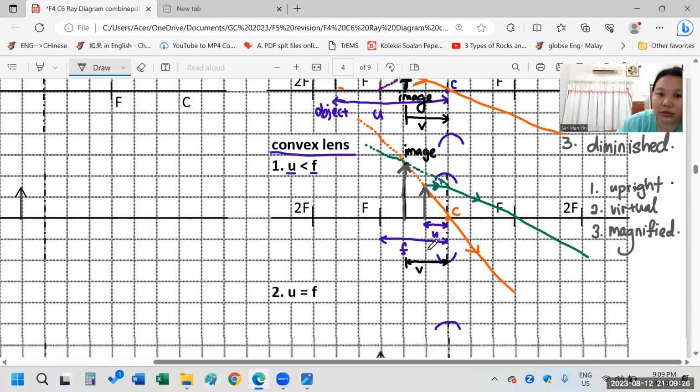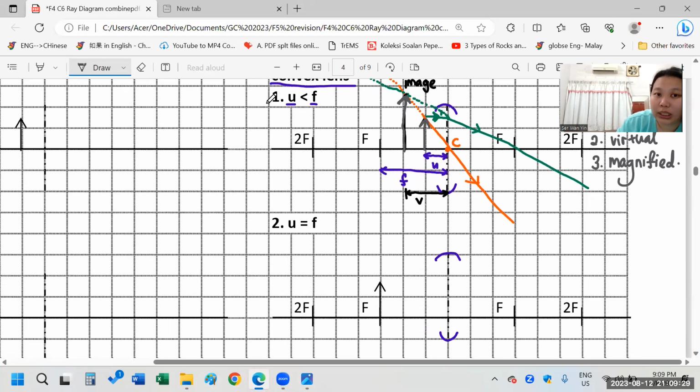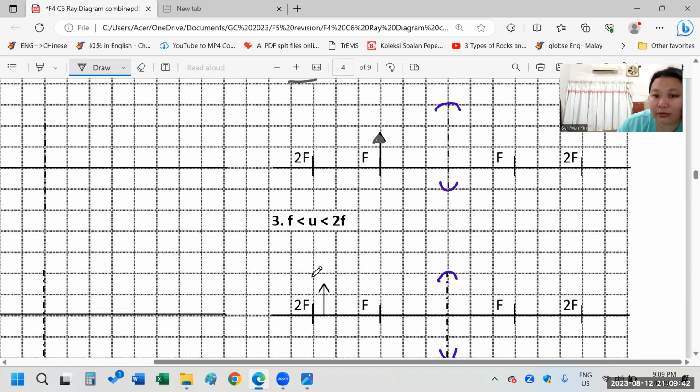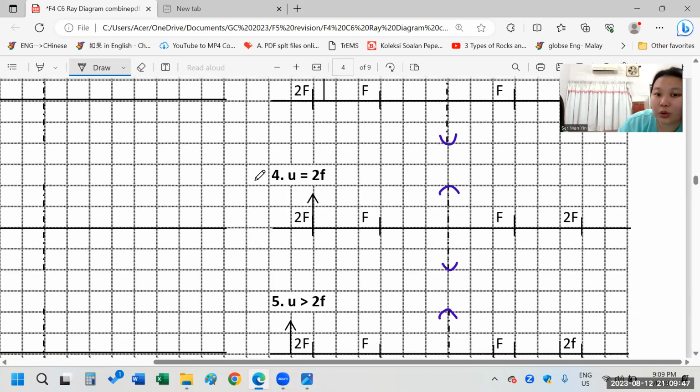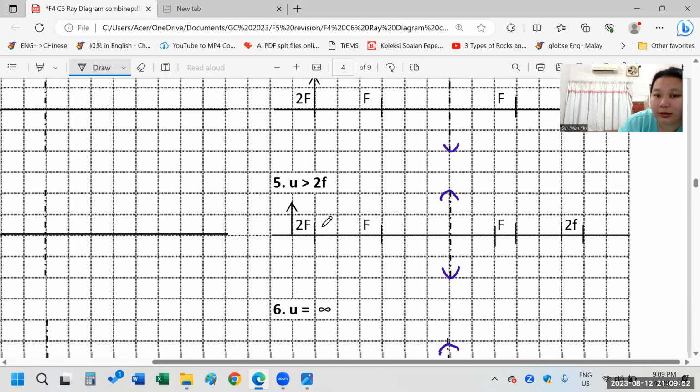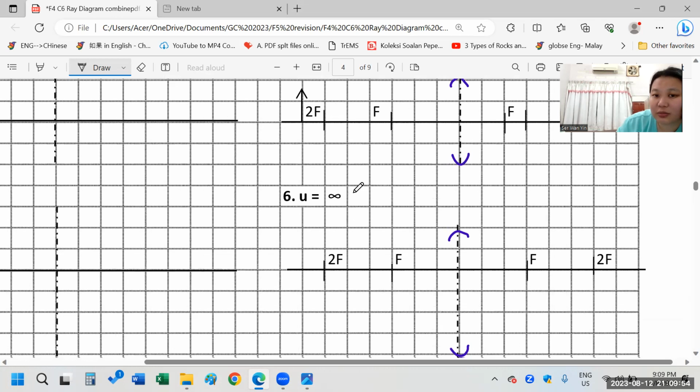Alright, so now continue. We put the object from less than f, on the f, in between f and 2f, close to f, more than 2f, from infinity, which means from very far away.